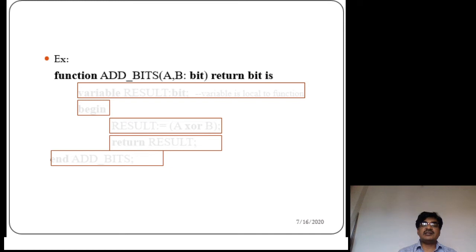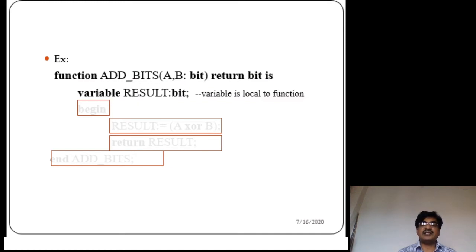Then the second line is the declarations. If there are any declarations, you have to declare them before the begin. Here one declaration is there, that is a variable declaration. Variable declaration, as you already know: variable result colon bit.